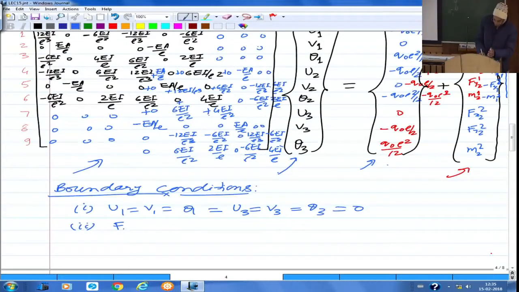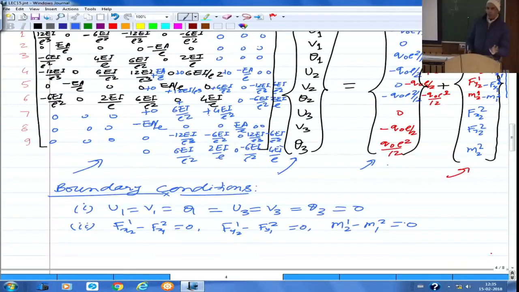Now if you draw the free body diagram of the node, taking a section just left and right of that, you will have Fx21 minus Fx12 equal to 0, Fy21 minus Fy12 equal to 0, and M21 minus M12 equal to 0.